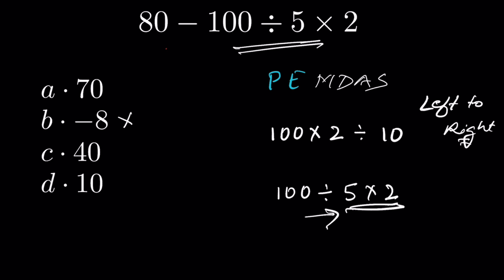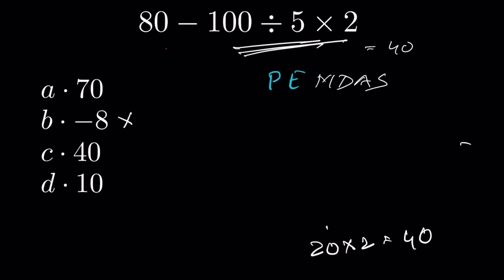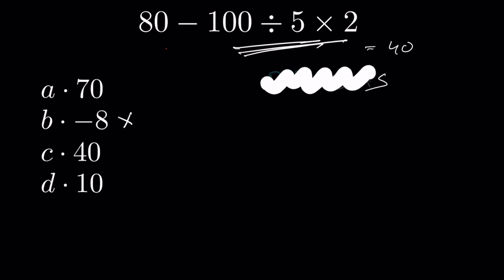If you follow the left to right rule, you will do the division first. 100 divided by 5 is 20, then 20 times 2 is 40. So this part will give you 40 if you follow the left to right rule. So in some questions where you follow Pedmas or Pemdas, by coincidence you may get the correct answer, but in others you will get stuck if you don't follow this left to right rule.